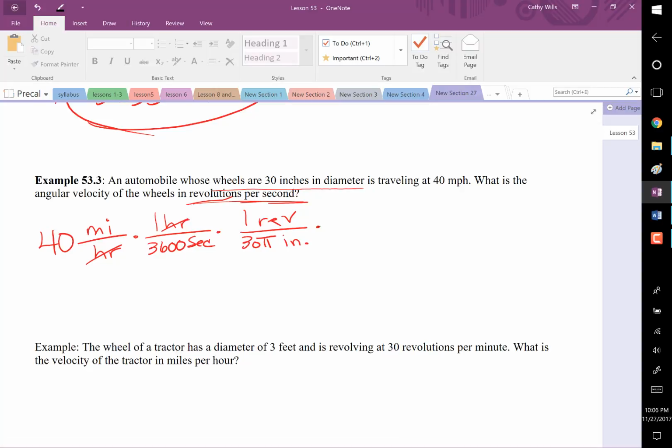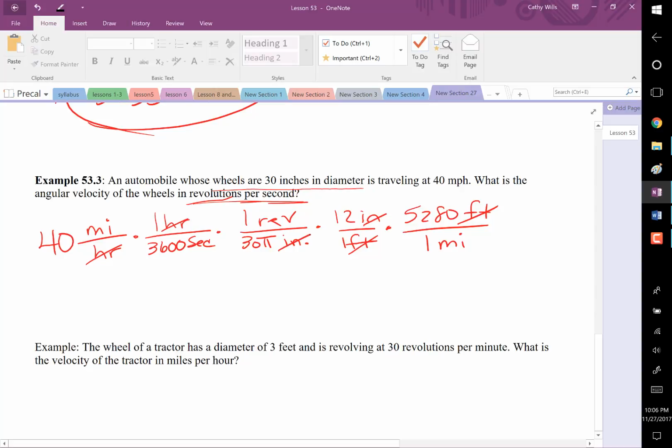We can't cancel the inches with miles because they're different. So we have to get inches to miles so that those will cancel. All right, so there are 12 inches in 1 foot. And then 5,280 feet in 1 mile. So the feet cancel, inches cancel, and our miles cancel, and we're left with revolutions per second.